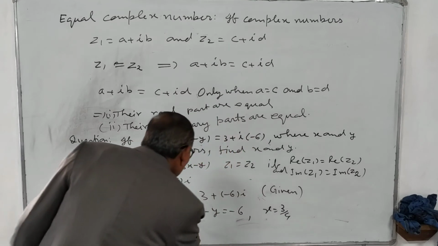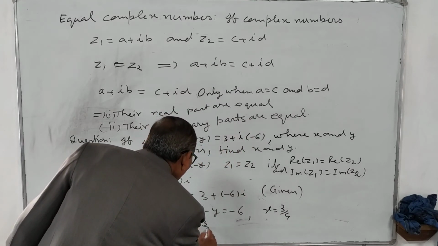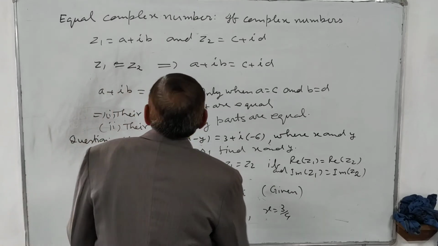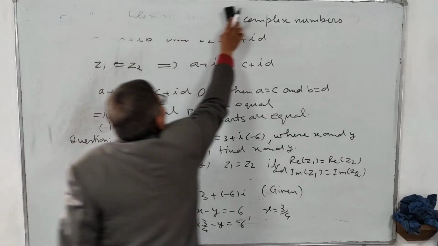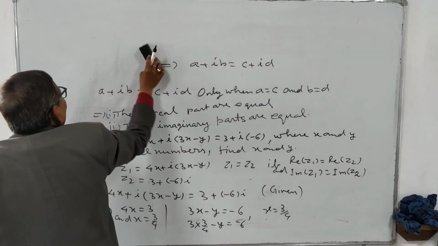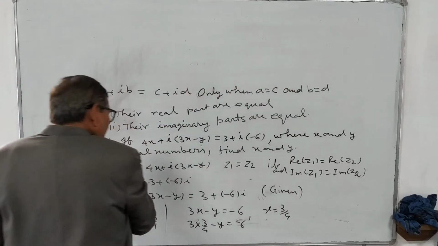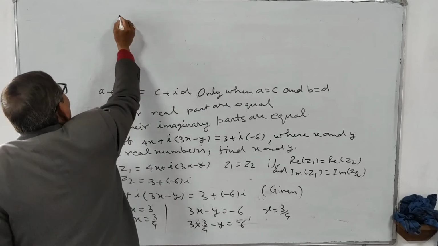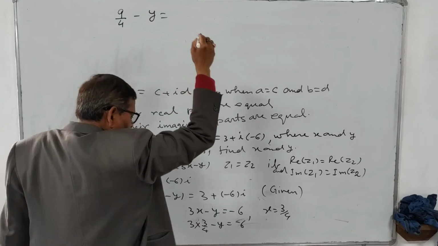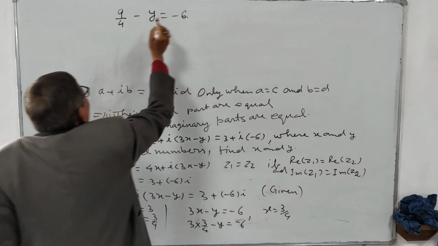So you substitute here 3 into 3 by 4 minus y equal to minus 6. So in this way, you can write 9 by 4 minus y equal to minus 6.